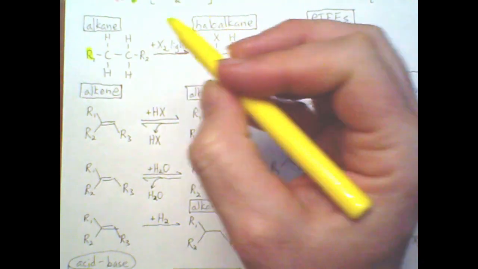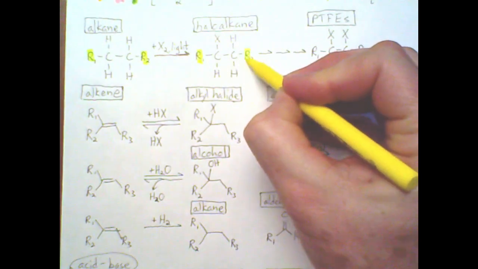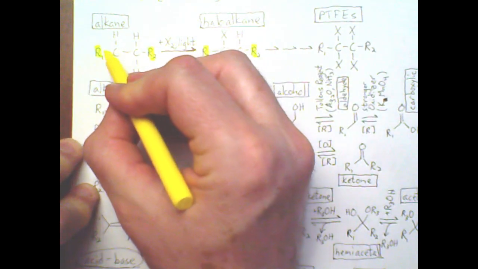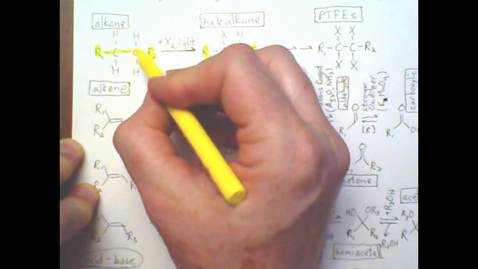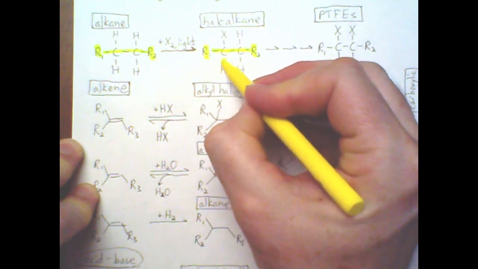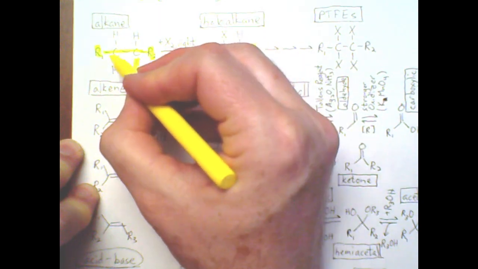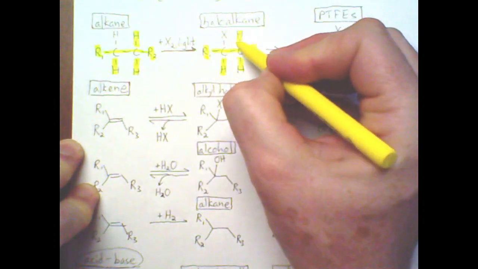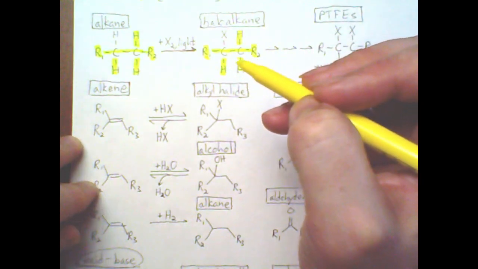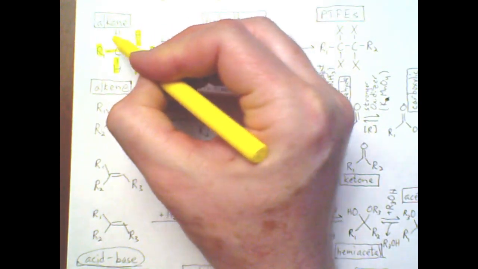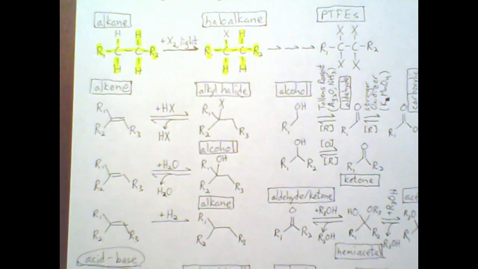R1 is the same in both. R2 is the same in both. All these C's and single bonds are the same. The H's down below are the same. The H on the top right and the single bond is the same. The single bond on the top left is the same.